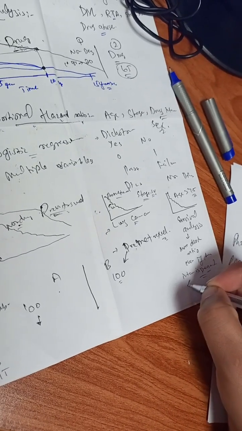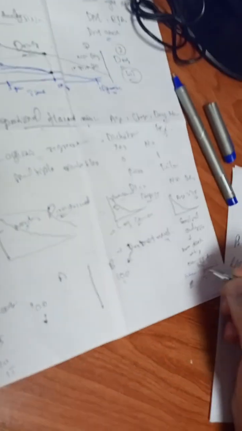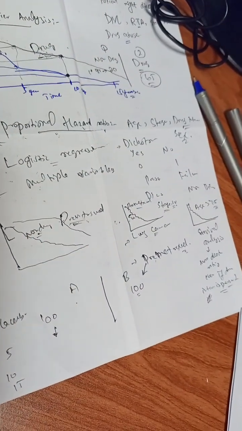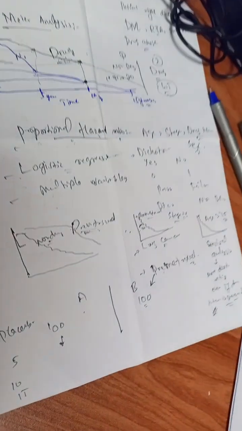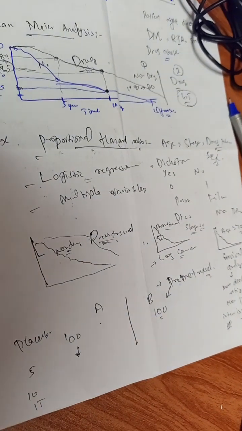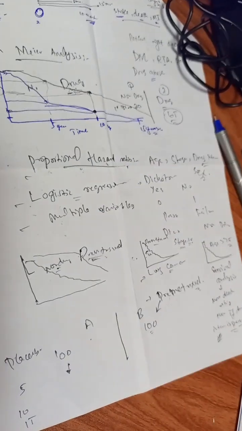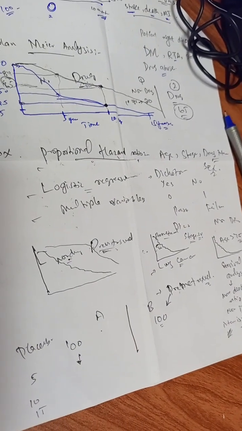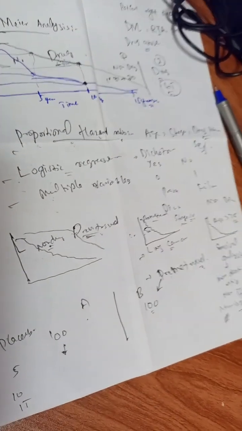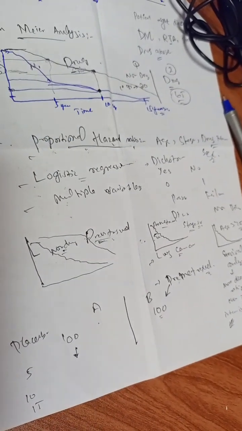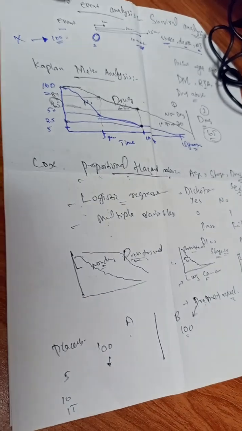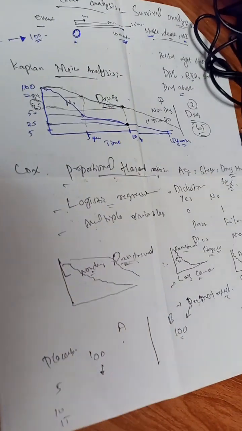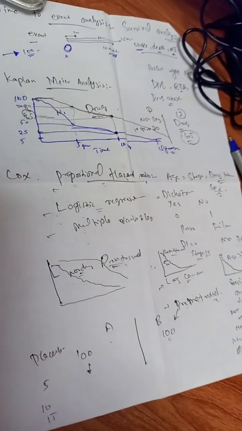So in Cox proportional hazard analysis, we have multiple variables and we analyze them, and we also have a specific time period in the Cox proportional hazard ratio. That's it.